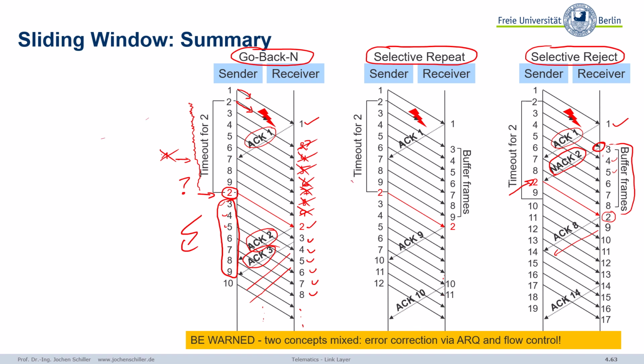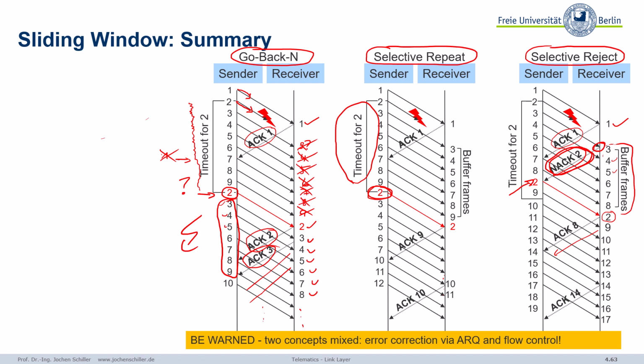So it's automatically a timeout that tells us, oh, we have to repeat something. So this is automated, automatically with a timeout, or automatically, and that's the other example, with our negative acknowledgement. So we request the repetition of data.